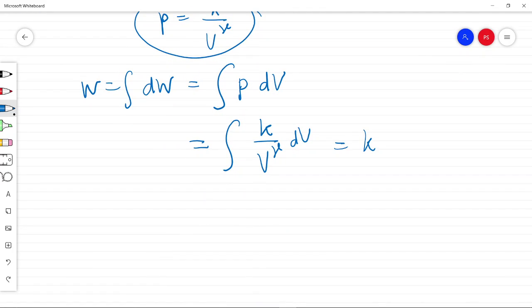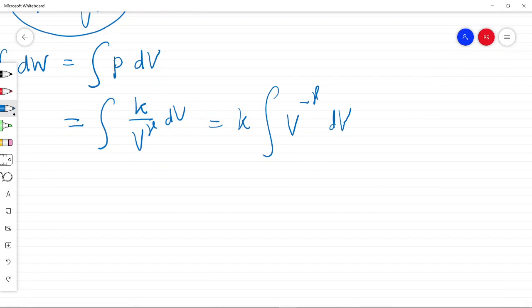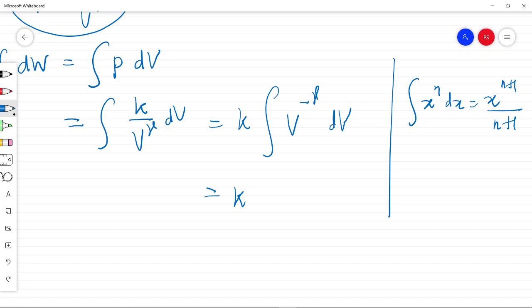K comes outside being constant. Integral V raised to minus gamma dV. Right? So we know that integral x raised to n dx is x raised to n plus 1 divided by n plus 1. So this gives us K into V raised to minus gamma plus 1 upon minus gamma plus 1.